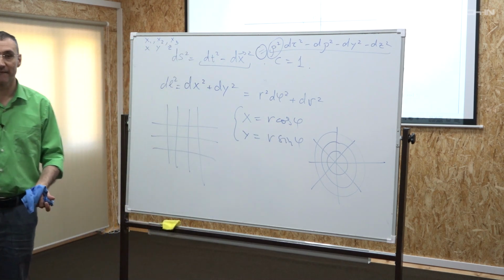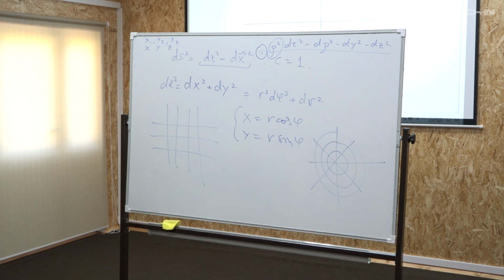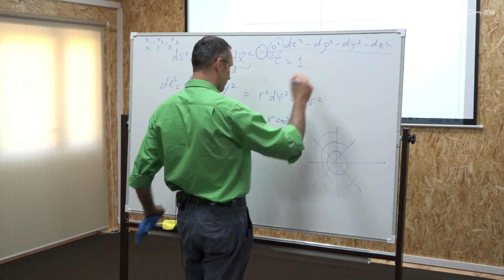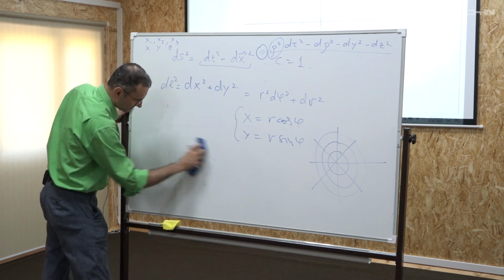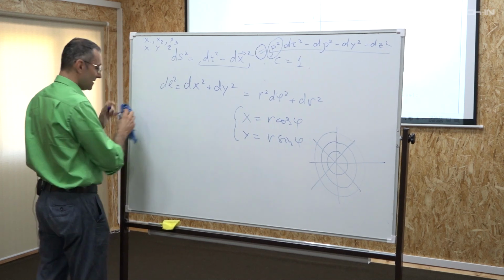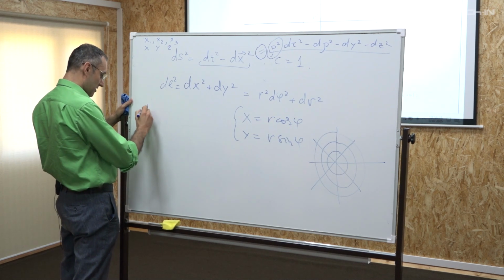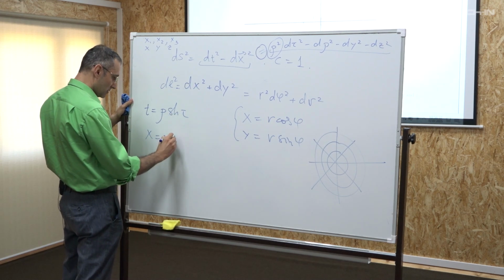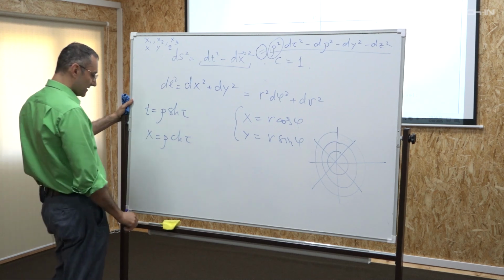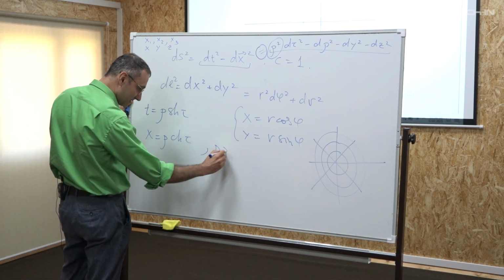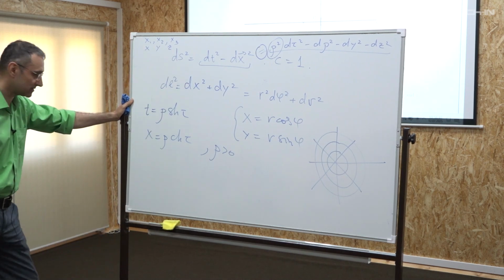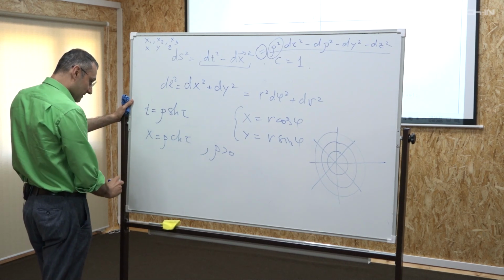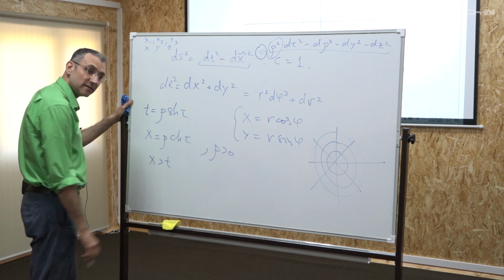But in the relativistic case, we cannot cover the whole space. That is because, you see, that's actually interesting to stress. In this coordinate change, t equals rho sinh of tau, x equals rho cosh of tau, you can very easily see that for rho greater than 0, and I always consider rho greater than 0, I will discuss in a moment rho negative, x is always greater than t.